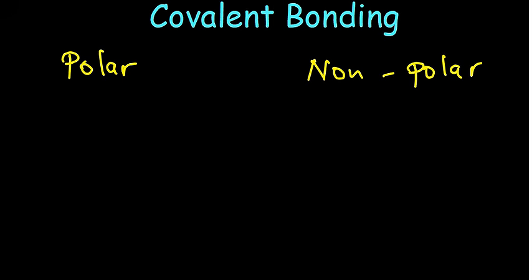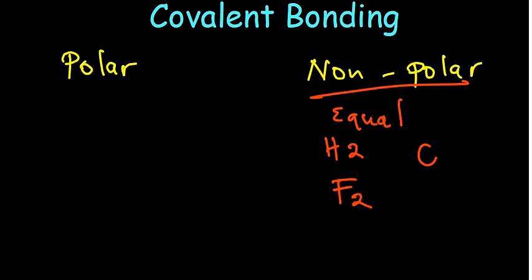So what exactly are these? What's polar? What's non-polar covalent bonding? Okay, so in a case where we have equal sharing of electrons, in most cases it involves the same type of element. For example, hydrogen H2, fluorine F2, oxygen O2.